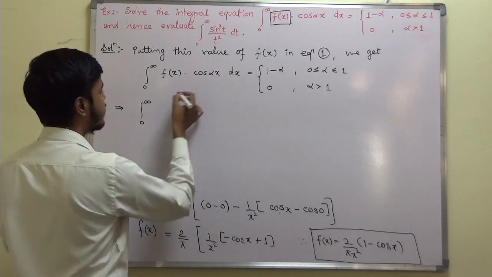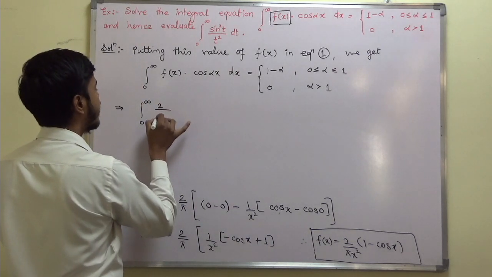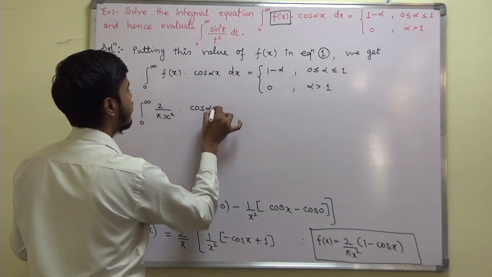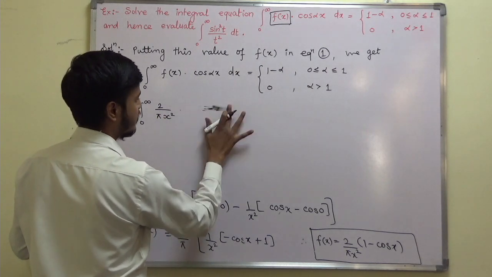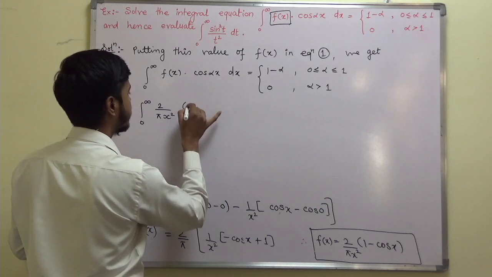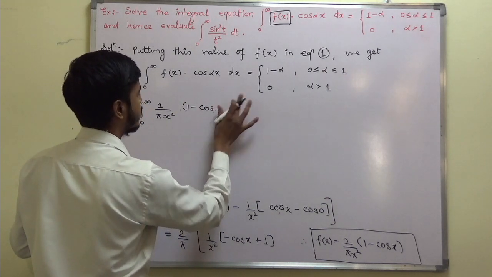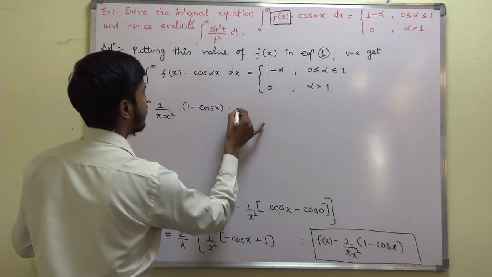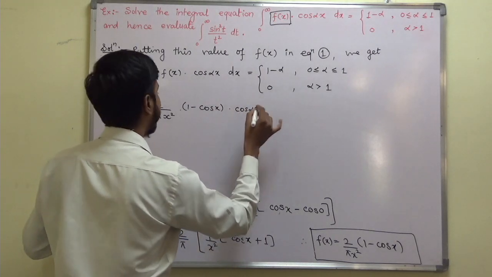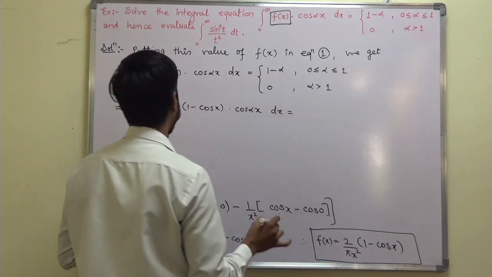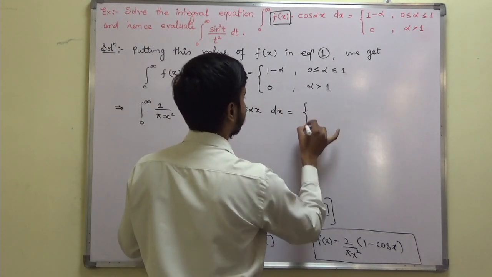Just need to substitute this 2 by pi times x square into cos alpha x, sorry, this is 1 minus cos x into cos alpha x dx is equal to 1 minus alpha.